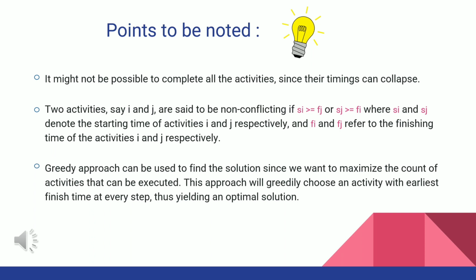Si and Sj are the starting times of the activities, and Fi and Fj are the finishing times. So two activities are non-conflicting only when the starting time is greater than or equal to the finishing time. Finally, the greedy approach can be used to find the solution since we want to maximize the count of the activities that can be executed.